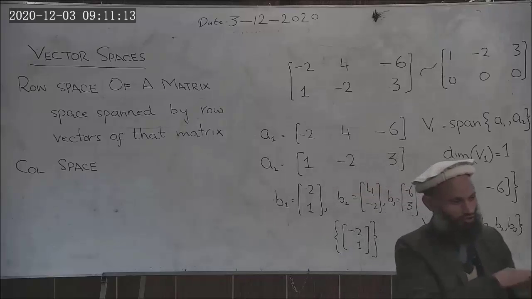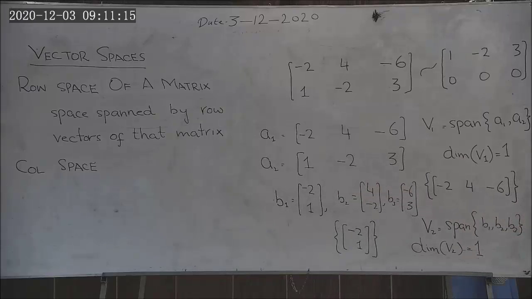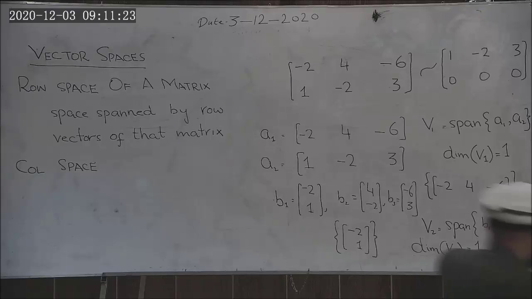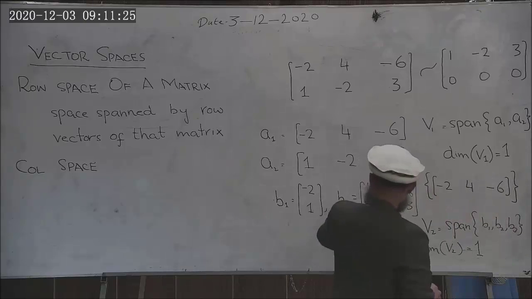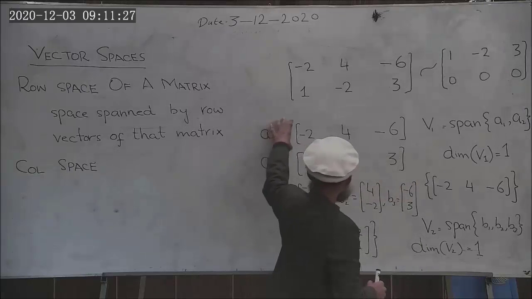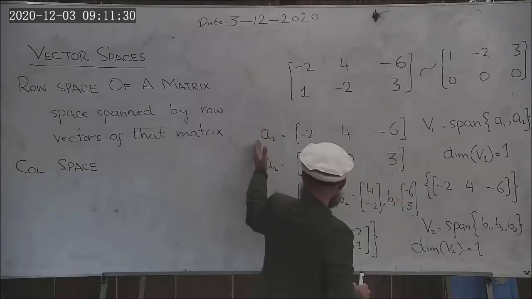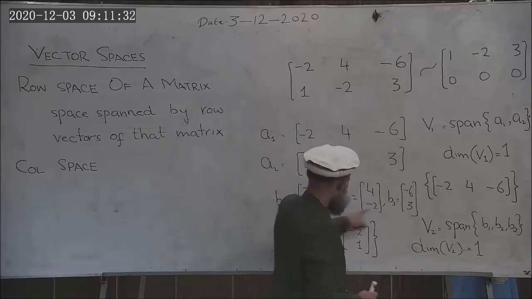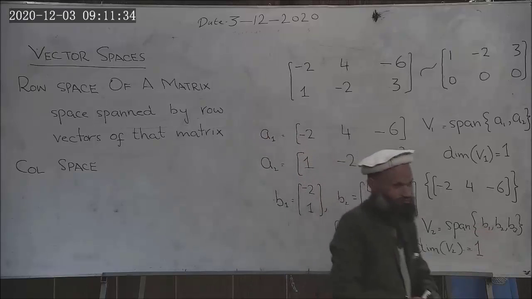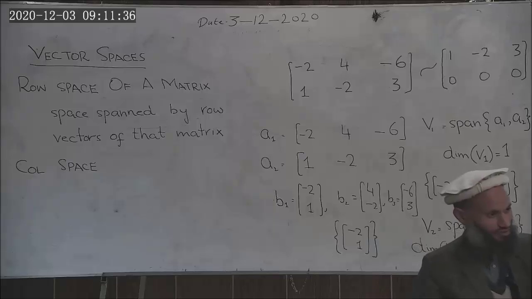The dimension of row space is always equal to the dimension of column space, alright? However, these two spaces are not the same, as is obvious from these vectors. So the span of A1 and A2 is different from the span of these three vectors B1, B2 and B3.